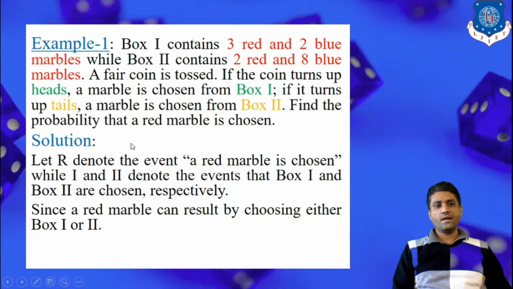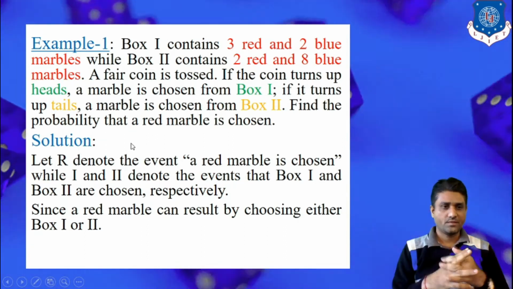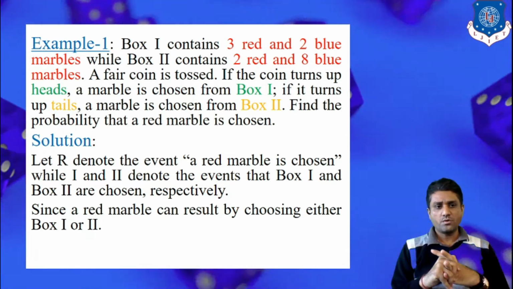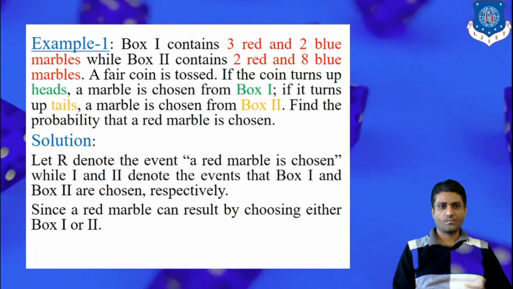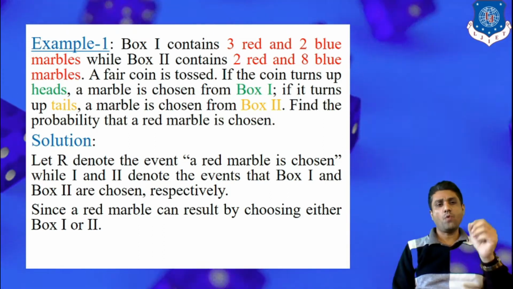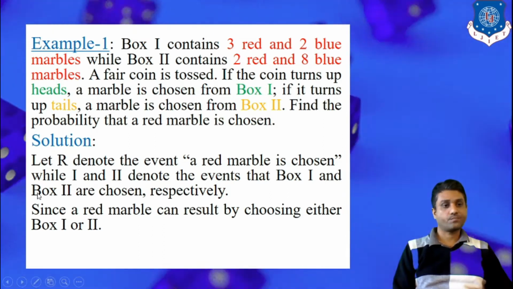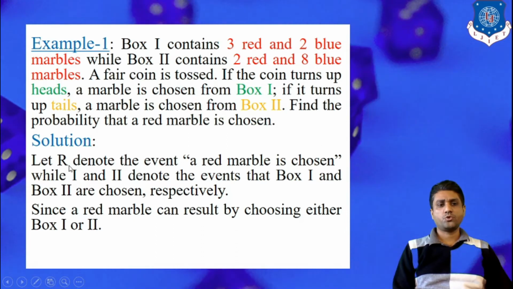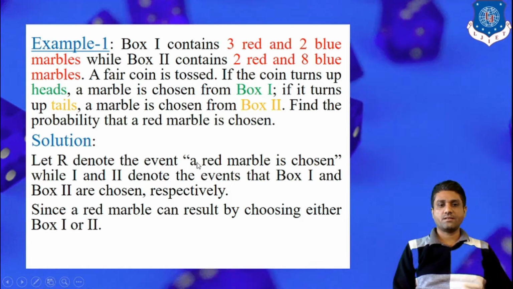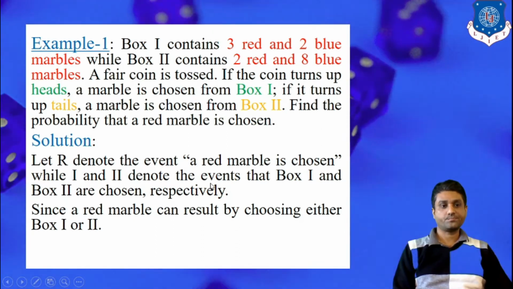So let's start finding the probability of getting a red marble. Before that we assign some notation that may help. Capital R denotes the event that a red marble is chosen.